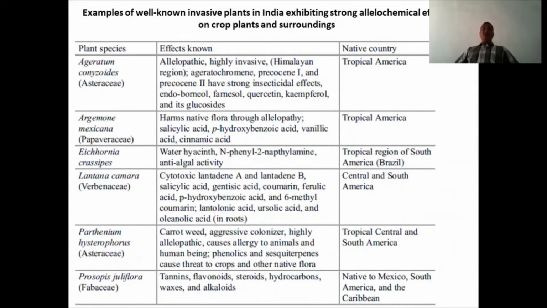If they don't have a good association, they release some chemical compounds, and these chemical compounds prevent the growth or germination of the other plant. This mechanism of avoiding other, neighboring plants is allelopathy. Allelopathy is a mechanism by which plants do not allow other plants to grow.